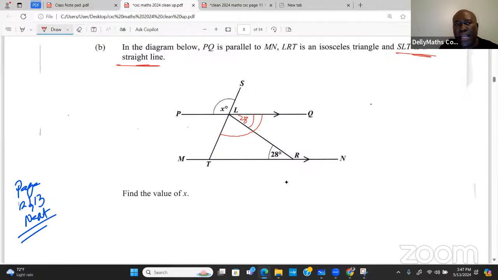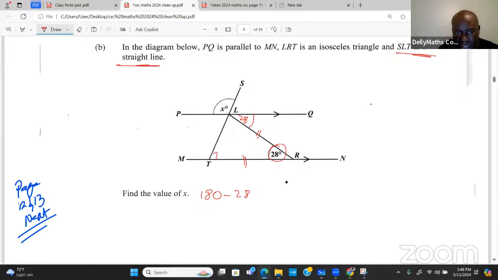Now, we were told that we have an isosceles triangle here. So it means, based on what we have, that this is equal to this. This is the angle that is different, so I'm going to take that angle out of 180. 180 minus 28 gives 152, and I'm going to share that equally.